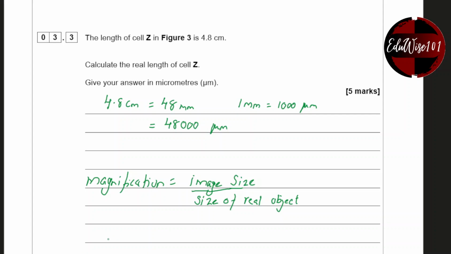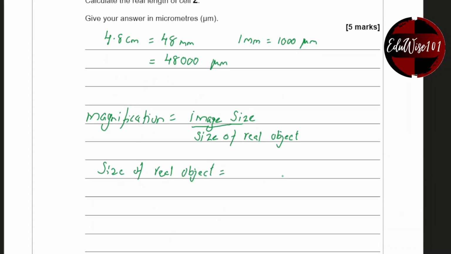So in order to find the real length or the size of the real object, you would, let me bring that up a little bit higher, right? So size of real object equals image size divided by the magnification.